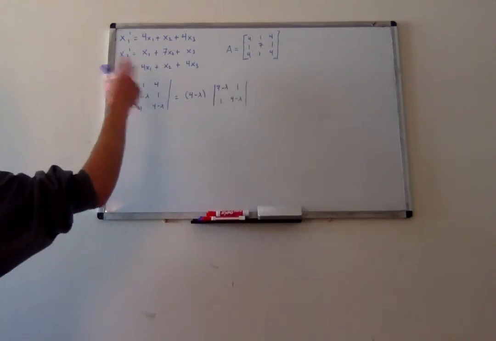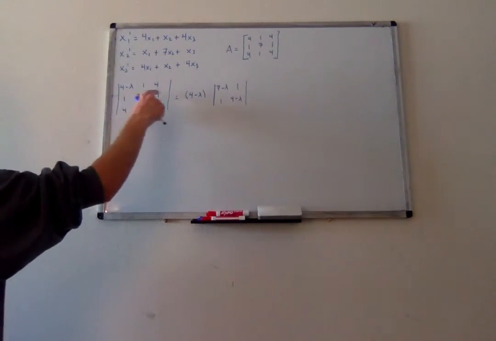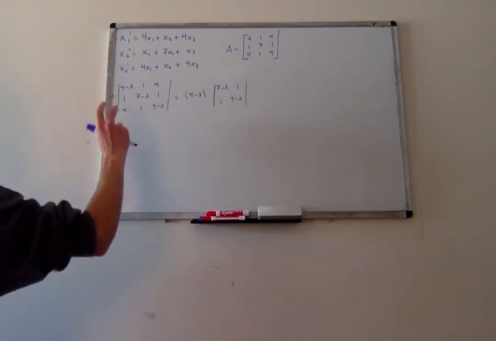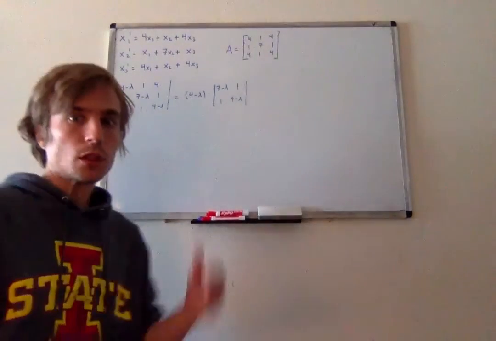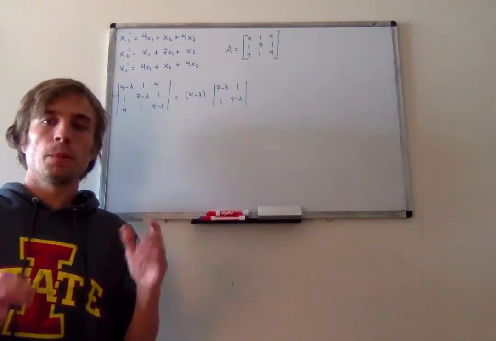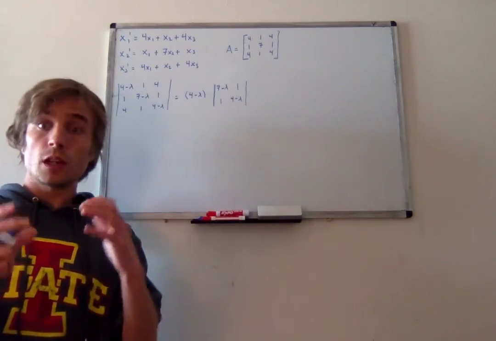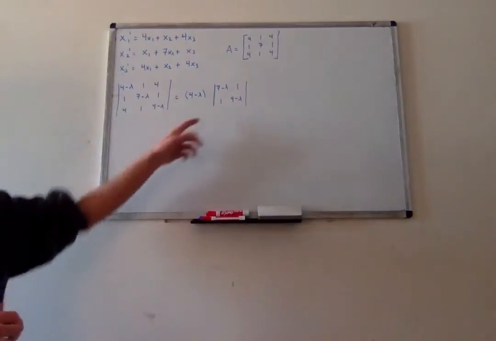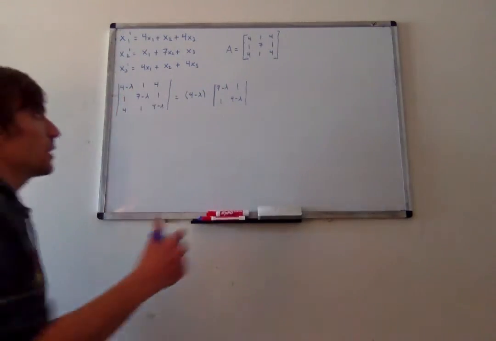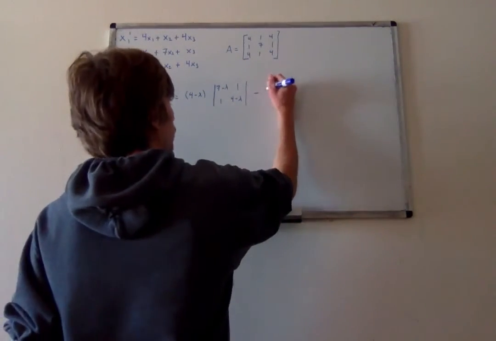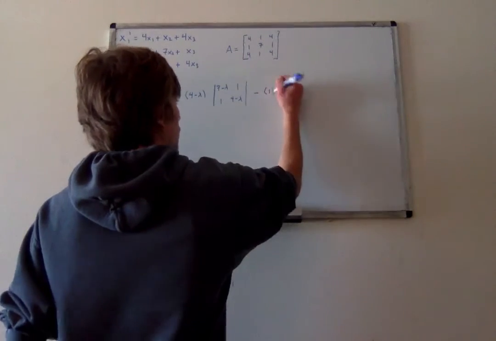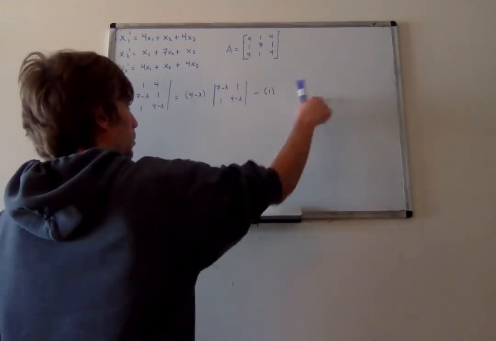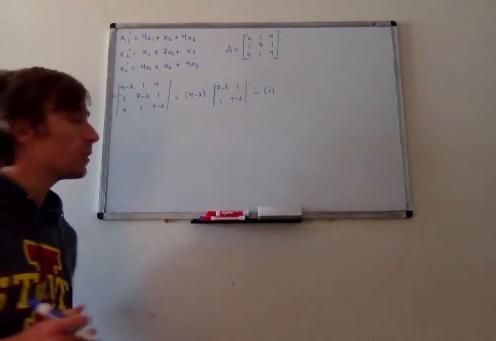And so you can do this again, like I said, with any row or column, because you can just pick a row or a column and work your way down it, cover up the row and the column of that particular element, and keep calculating those determinants. However, as we cycle through, we want to make sure to go plus, minus, so the signs should change for each of these terms.